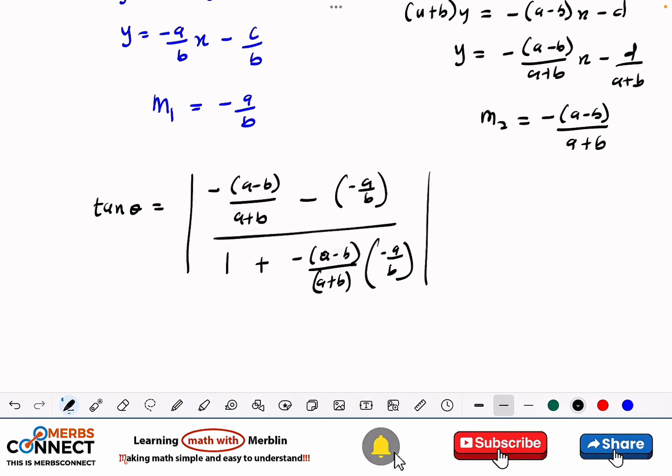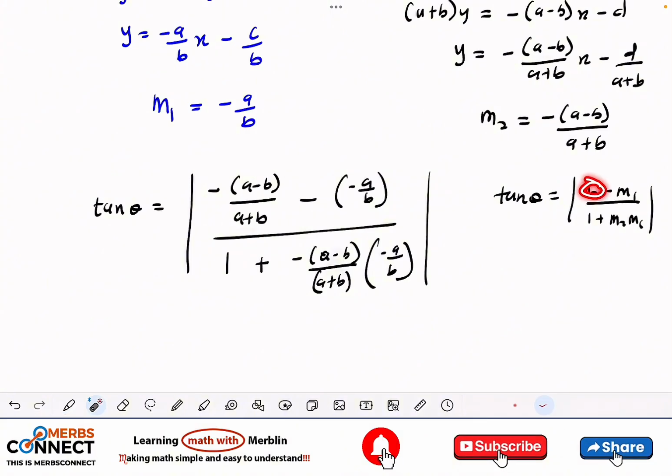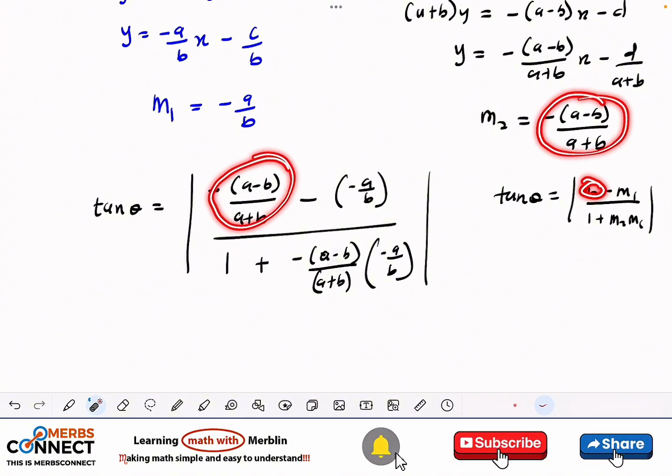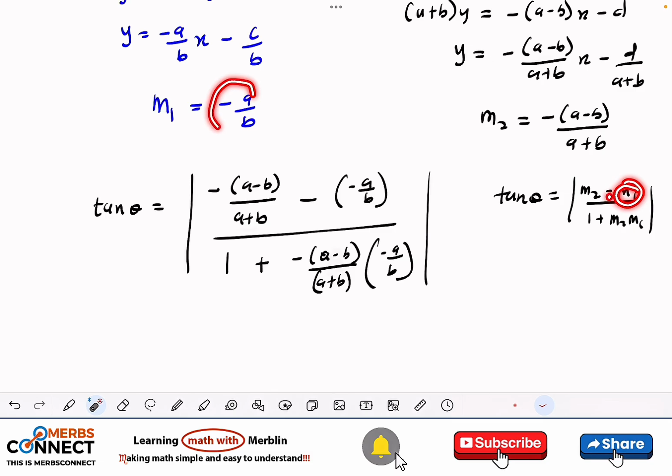So remember, this is the formula that we are using, m2 minus m1 divided by 1 plus m2 m1. m2 is this, minus m1, which is also here, then divided by 1 plus m2 times m1, which is also here, the same thing.